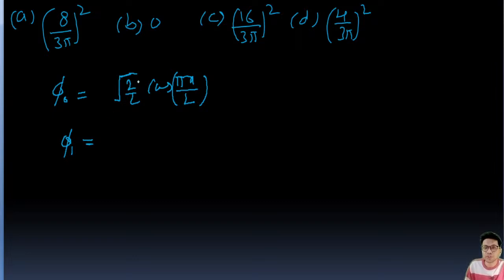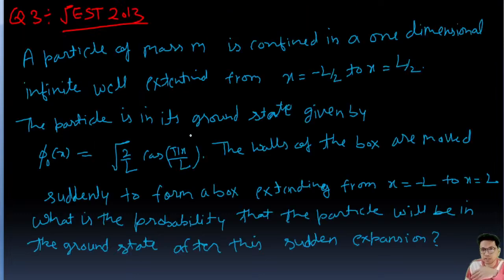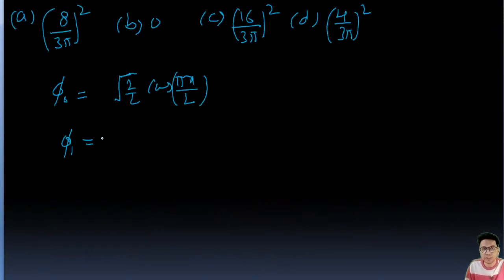Phi 1 means the wave function of the particle after extending the wall. Now we have extended the length of the wall to twice the previous wall, because this was minus L by 2 to L by 2, and now it is minus L to L, so we doubled it.